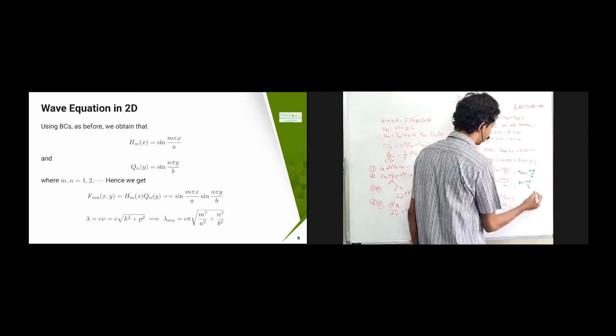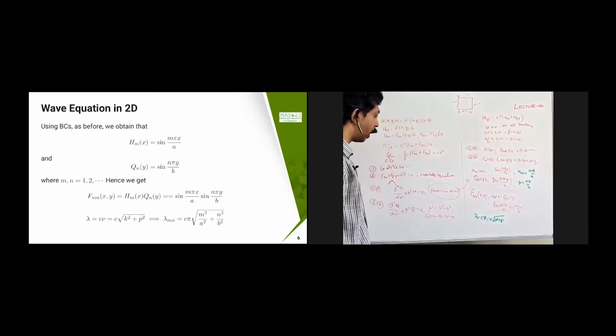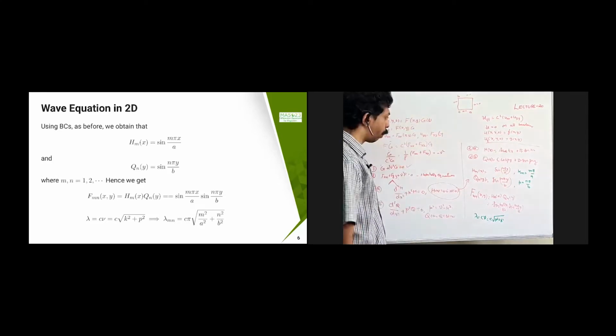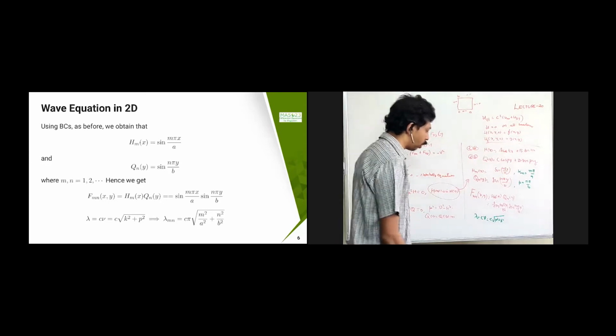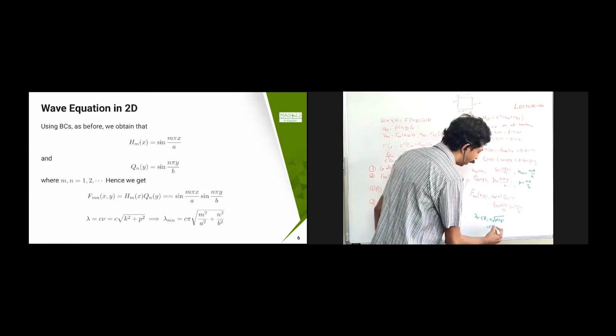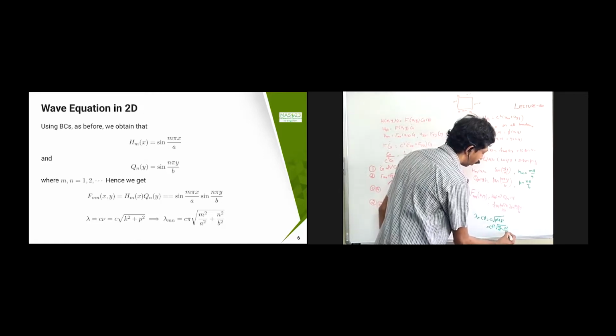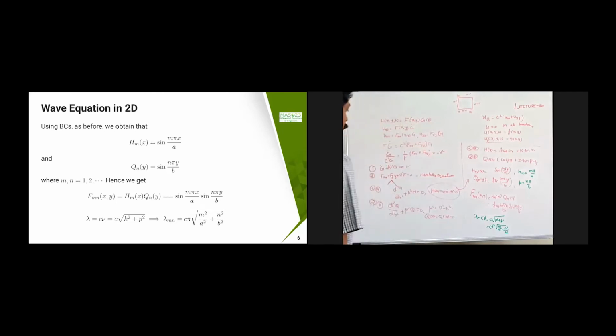So you can substitute it over here. I can take pi out, and this is going to become c into pi into the square root of m square by a square plus n square by b square. This is going to be your lambda, and this is going to be your eigenvalues for this problem.